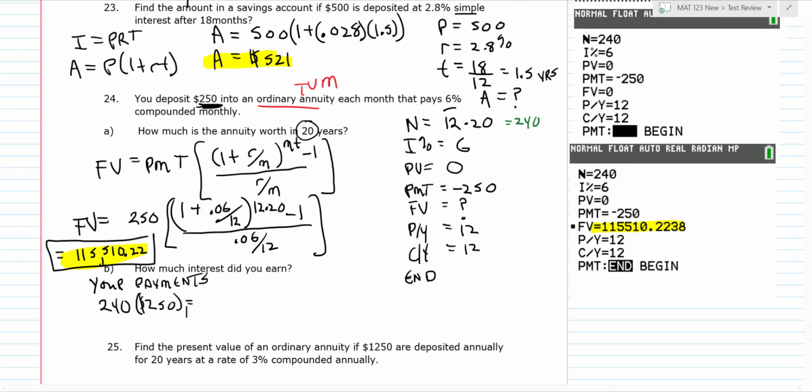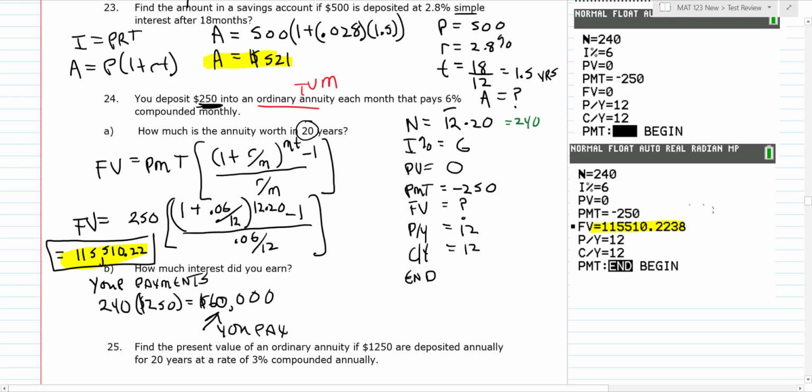Okay, so I'm going to do that on the calculator. So if I do 240 times 200, whoops, I'm doing 240 payments of $250. Okay, so you are putting in $60,000. Okay, so that's what you pay.